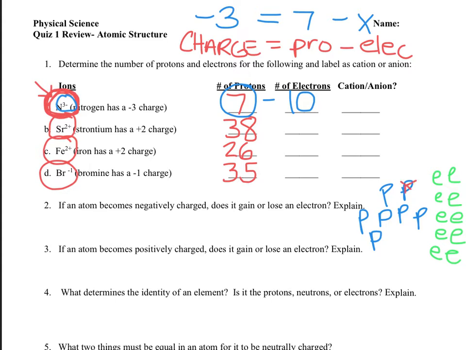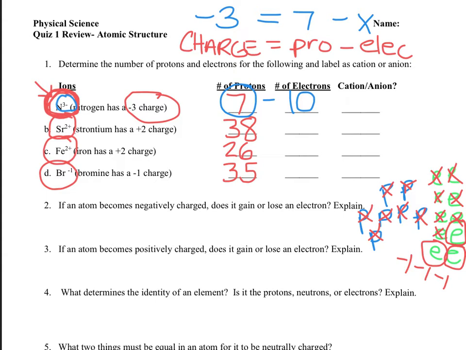For every proton, an electron's charge cancels out. So let's start canceling out a proton for every electron. Proton, electron, proton, electron, proton, electron. And take a look what's left. After all the protons and electrons have been canceled out, you still have 3 electrons left. If each electron has a -1 charge, -1, -1, and -1 overall make a -3 charge. So that's why when you take the protons minus the electrons, if you have more electrons, you end up with a negative charge.